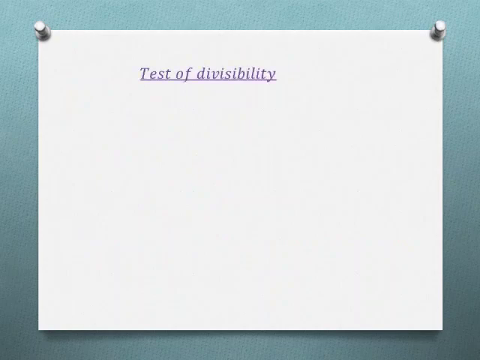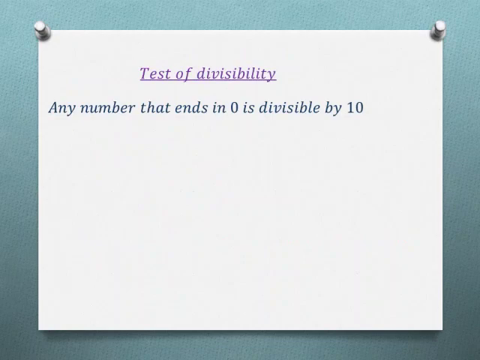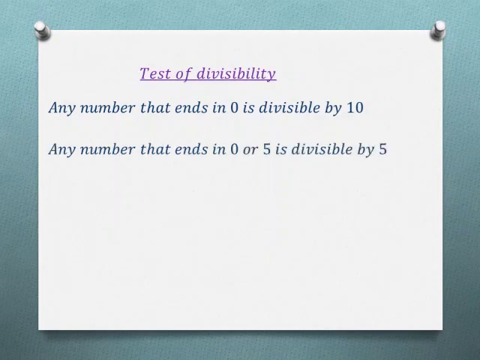Next, tests of divisibility. Any number that ends in 0 is divisible by 10. So 50 is divisible by 10, ending with 0. Any number that ends in 0 or 5 is divisible by 5.